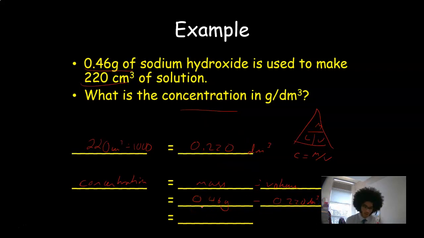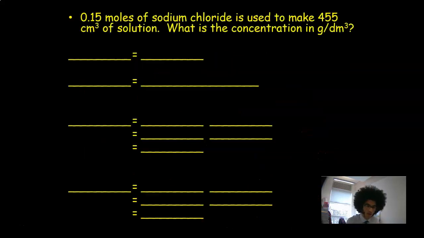And 0.46 divided by 0.22 gives me 2.1 grams per decimeter cubed. Again, I've abbreviated that to two significant figures because that's the lowest one I've been given, because these are both two significant figures. Okay, let's try another problem.